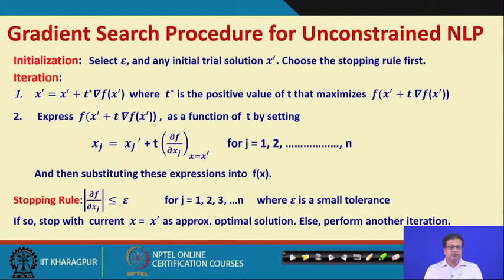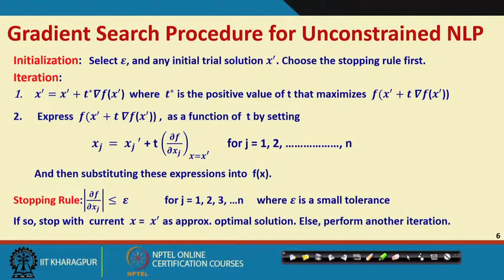Starting from a trial solution x dash, we move towards the gradient. The essential idea is that in a maximization problem, as you move on, the gradient should go up, with the function value increasing. Move towards the extreme point and keep modifying your trial solution till you reach almost the extreme point. So, that was the gradient search procedure.